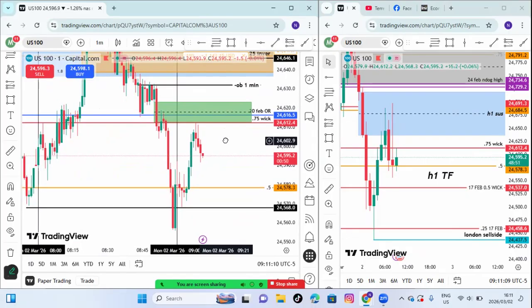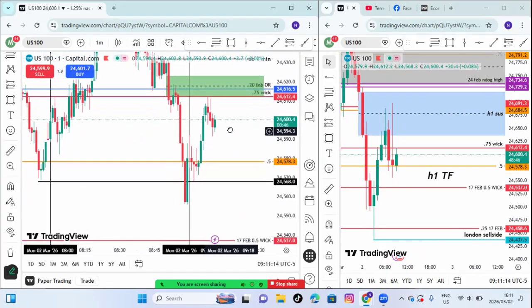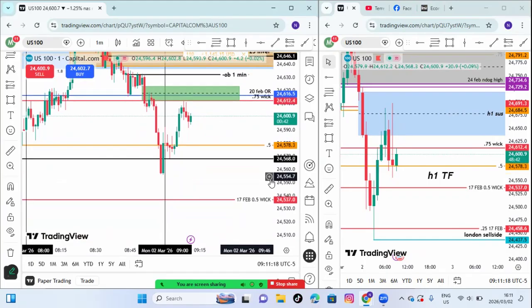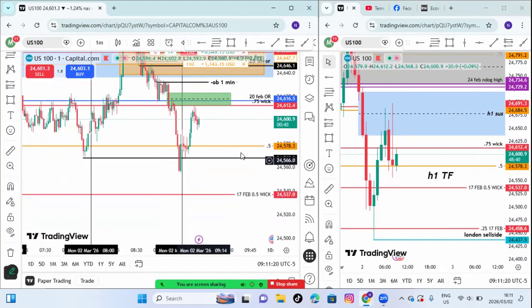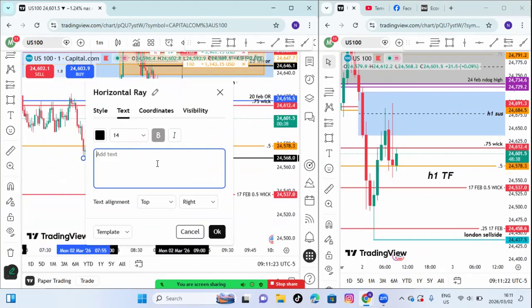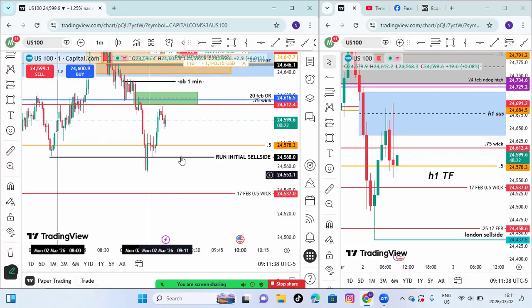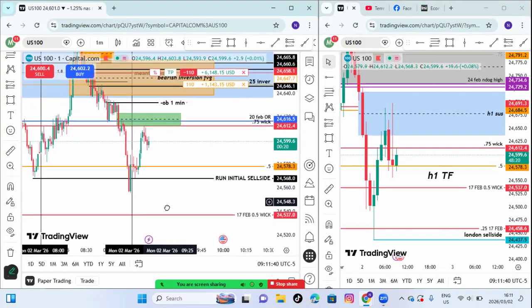That's good. So the low of this. So we like to see them run initial sell side here.